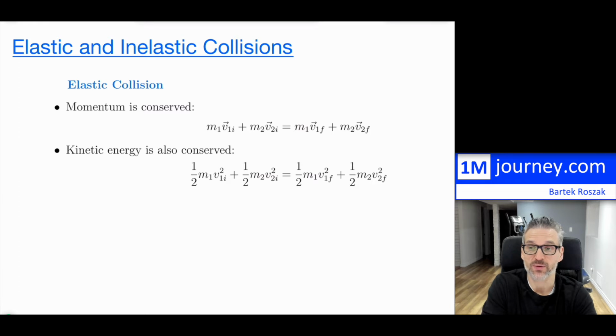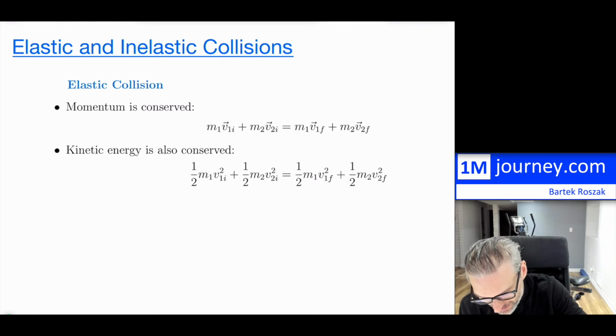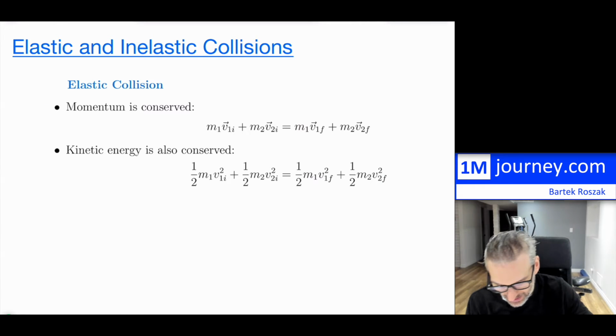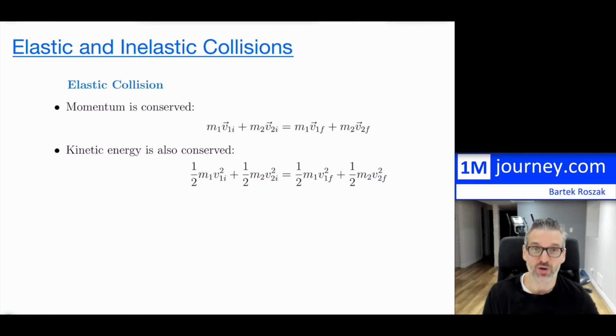Most of the time when elastic collisions are discussed, they're called perfectly elastic collisions. It is unnecessary for us to call them perfect because when we are discussing elastic collisions, we are referring to the fact that both momentum is conserved and kinetic energy is also conserved.